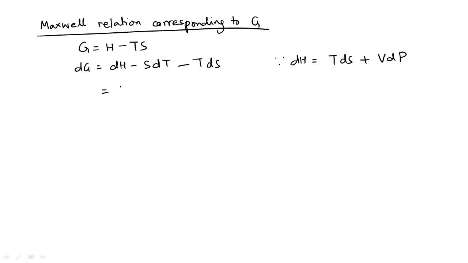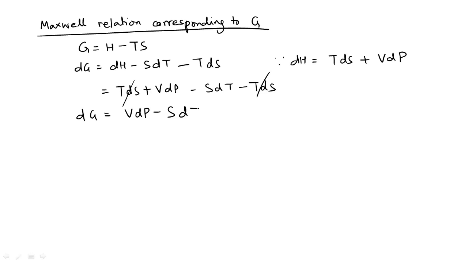Substituting that, we get T dS plus V dP minus S dT minus T dS. Cancelling these terms, dG is equal to V dP minus S dT. And this suggests that P and T are the natural variables of G.